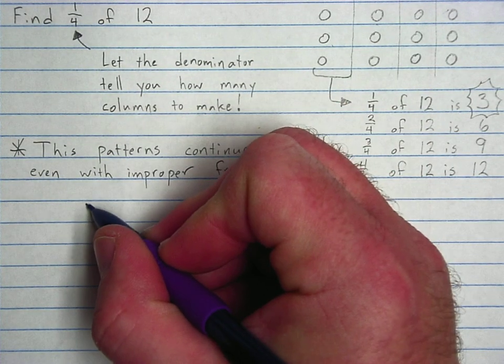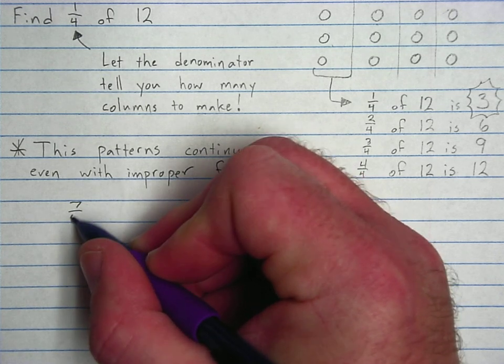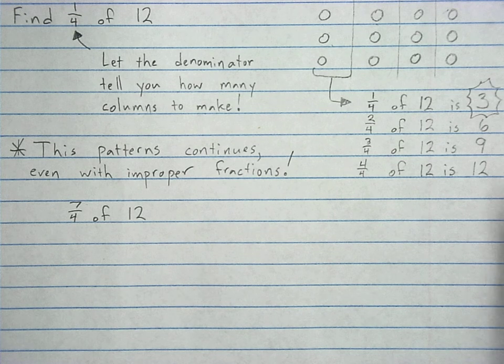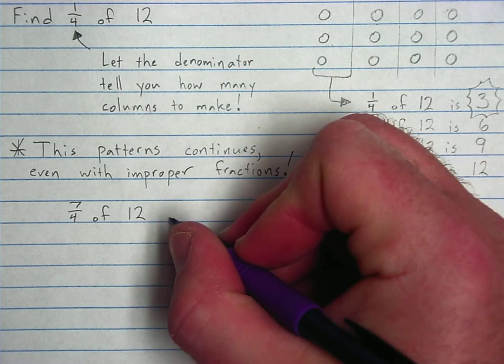Let's say I want to find 7/4 of 12. Seems a little odd, but you might be surprised.